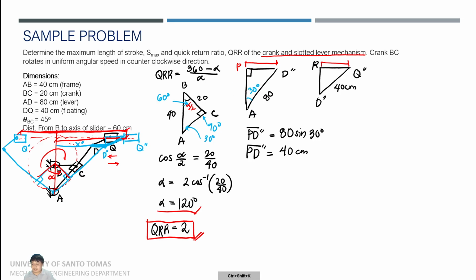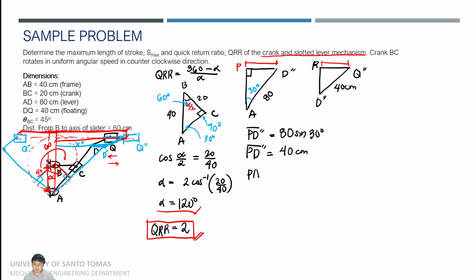So the total length here is, sorry, there's a lot of notation here, but the distance from B to the slider is 60, so this is 60 right here. And then you have 40 from B to A. So you have 100. So 100 minus this PA length, you can determine the answer.